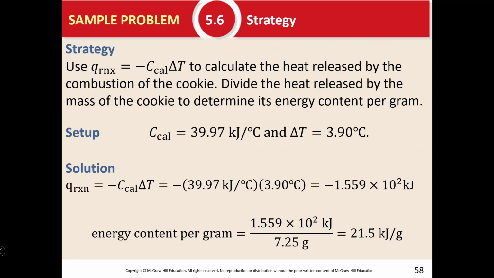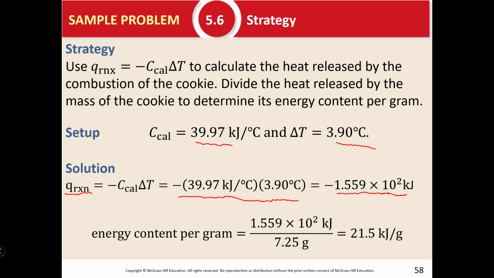All right, so Q of the reaction, of the cookie as I was calling it, is equal to negative Q of the calorimeter. So the calorimeter, there's its heat capacity, there's its change in temperature. So here we have negative Q of the calorimeter, heat capacity times the temperature change, and that gives us the total number of kilojoules absorbed by the calorimeter, but we're looking at Q of the reaction, so that means how much heat was given off by the famous Amos cookie.